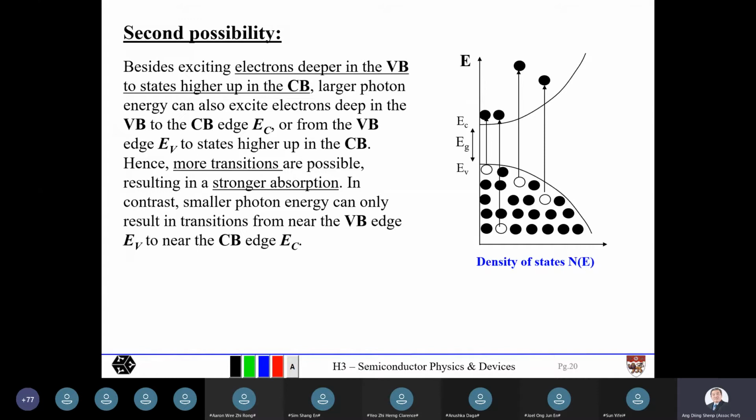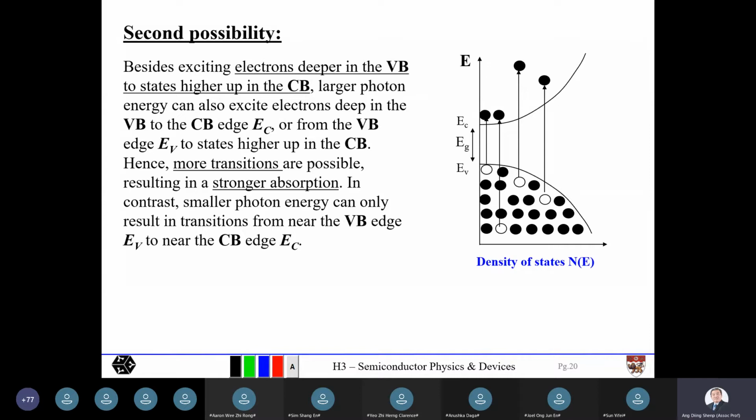Now this trend of alpha increasing with photon energy is important in photodetector operation. Remember, visible light has different wavelengths. For example, blue light has a wavelength of around 400 nanometer, and red light has a wavelength of around 700 nanometer.